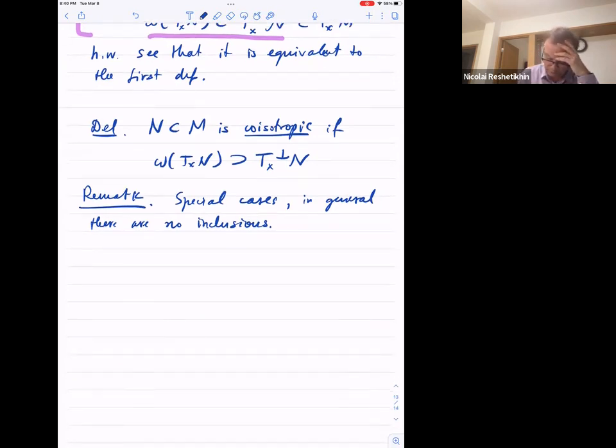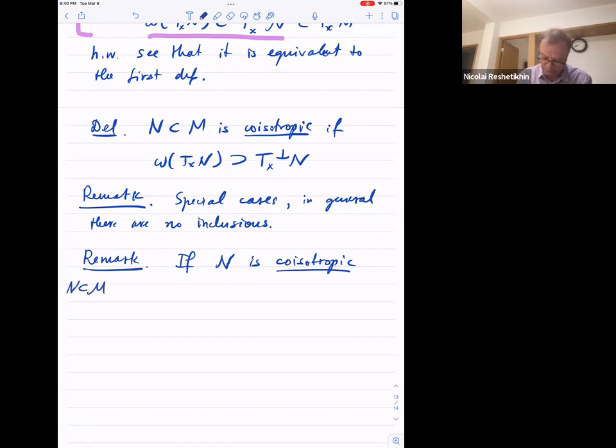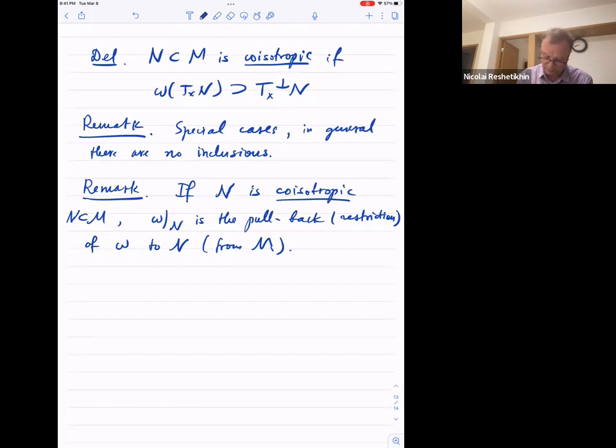So then another remark. If N is coisotropic, what can we do? N is a submanifold in M, so let's say that omega_N is the pullback, or in plain language, the restriction of omega to N from M. So a little theorem, which is easy to prove again, and let's say it's a nice homework.